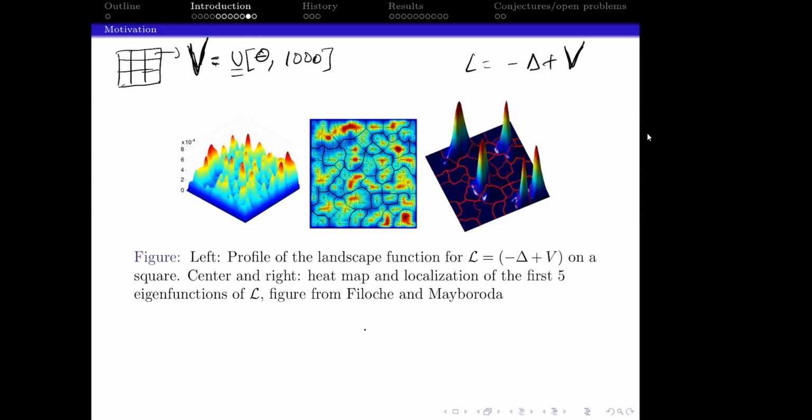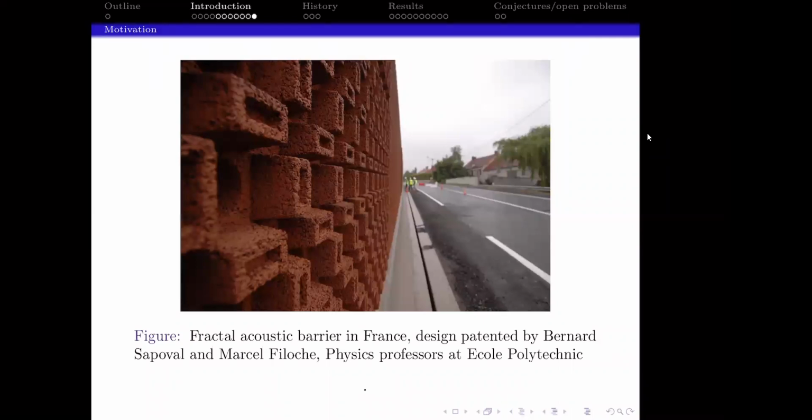Just to tell you that this is not just something mathematical, here is something very cool. This picture is taken from a place in France, on a highway, where there is an acoustic barrier. It's a very complicated shape, a repeating pattern, like a fractal pattern. This is a noise absorbing wall on a highway. This design is patented by two physics professors at École Polytechnique, Bernard Sapoval and Marcel Filoche.